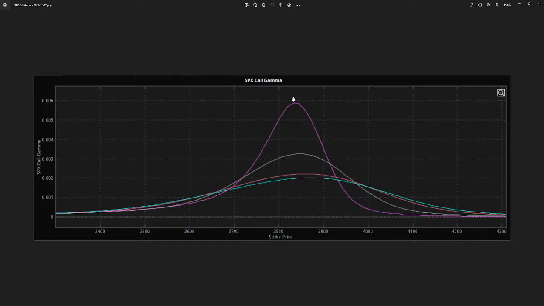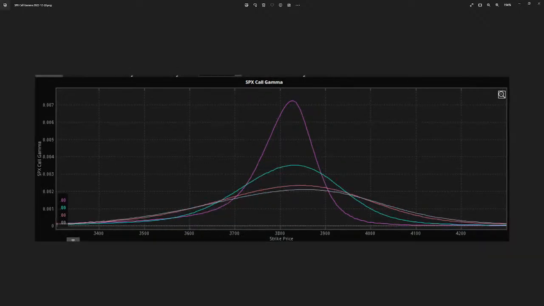So that is from the 27th, and we'll see how the influence changes from day to day, becoming stronger at the peak and weaker at the wings. By the wings, I mean further out away from that strike. So that's the 27th. And there's the 28th, the next day. Notice how the peak went from around 0.06 to 0.007.